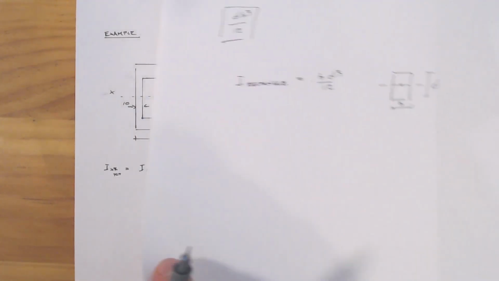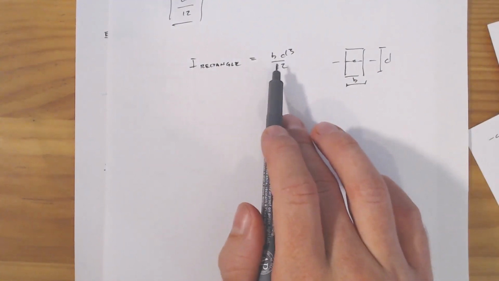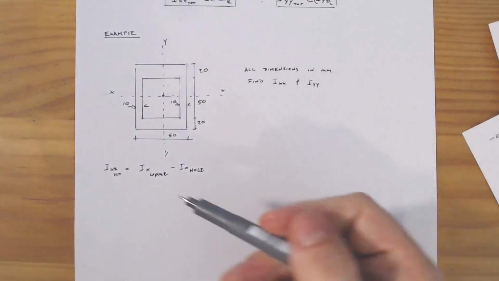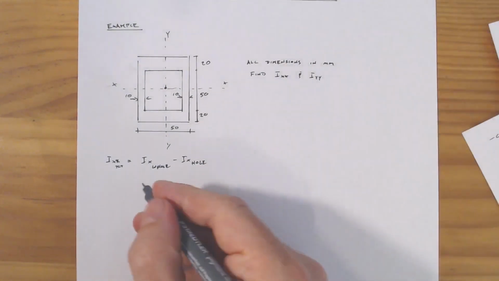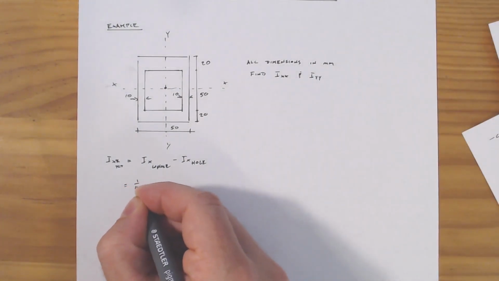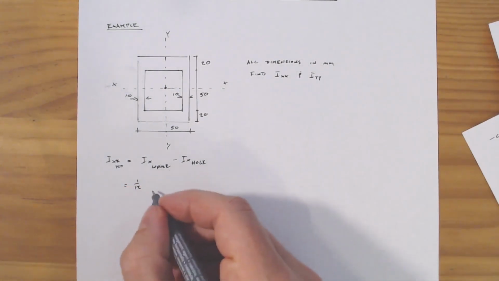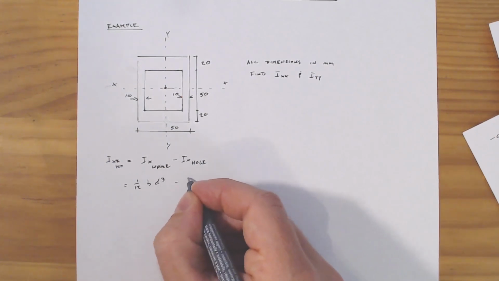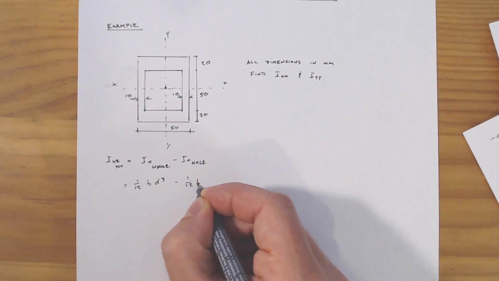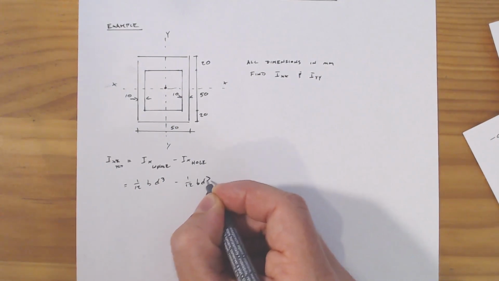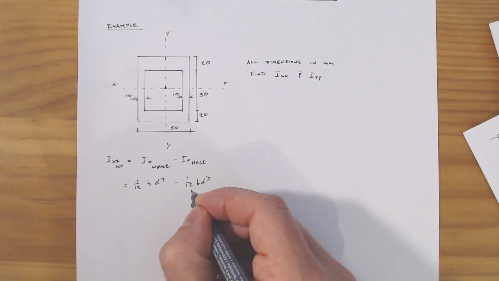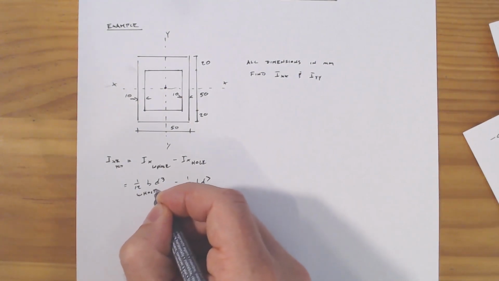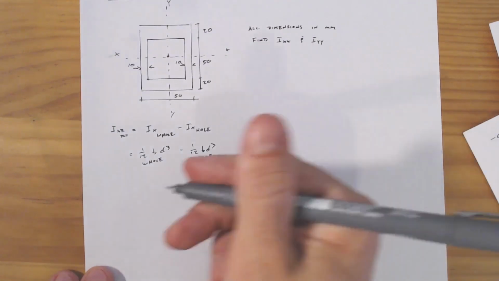So if the moment of inertia of a rectangle is simply b d cubed over 12, we can apply it this way. So we will have Ixx equals 1/12 times b d cubed of the whole, minus 1/12 b d cubed of the hole.